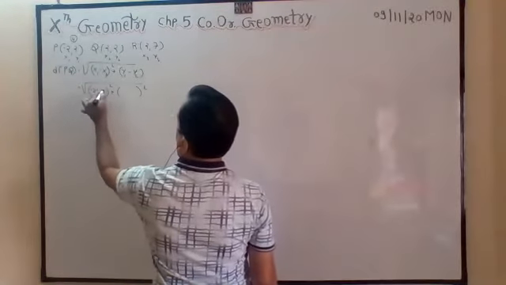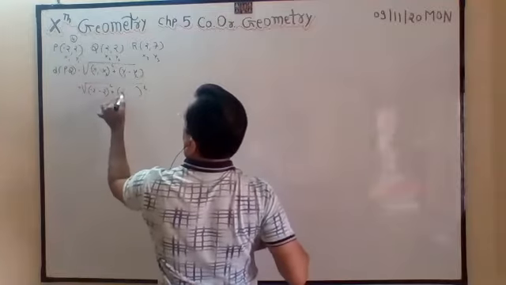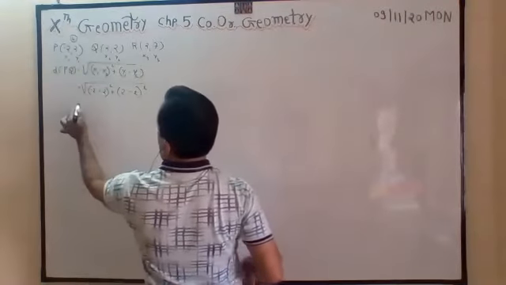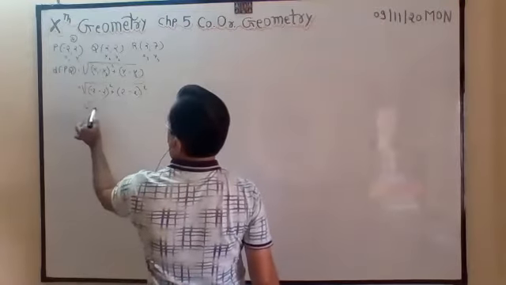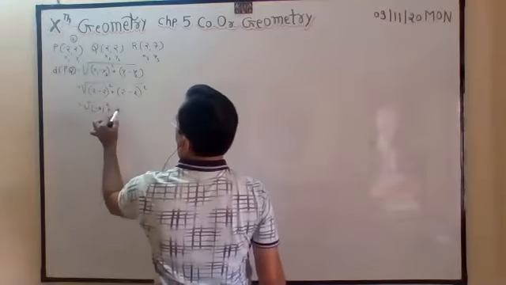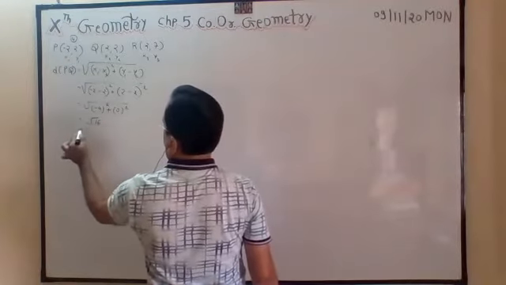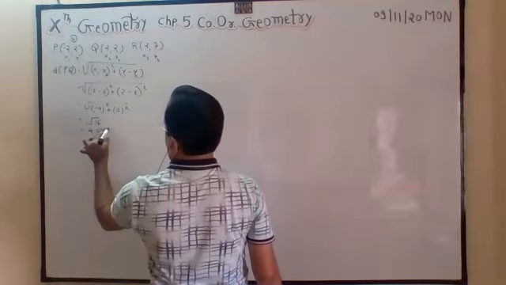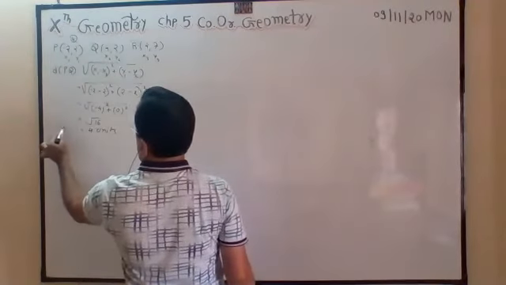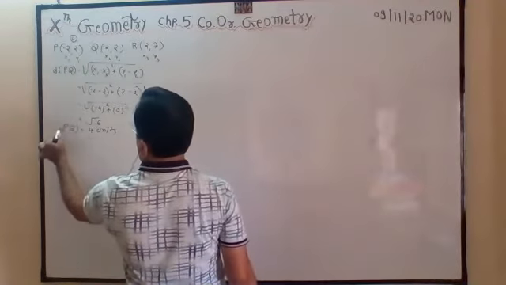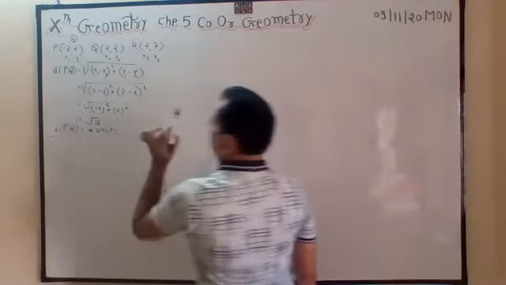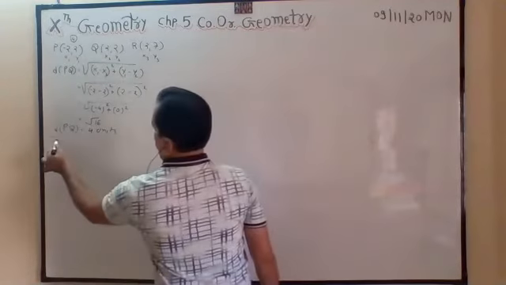So minus 2 minus 2 is minus 4, squared, plus 0 squared. So it is 16 only and it is 4 units. PQ, first we have completed.